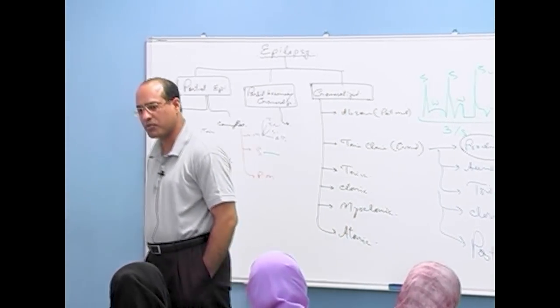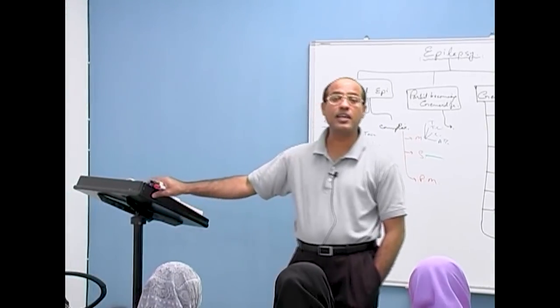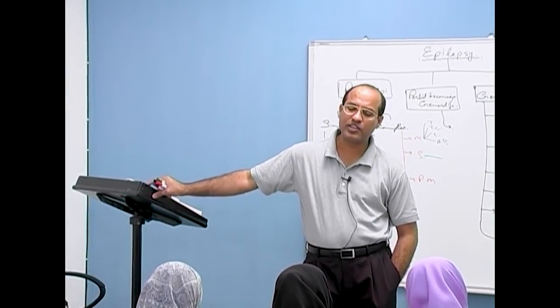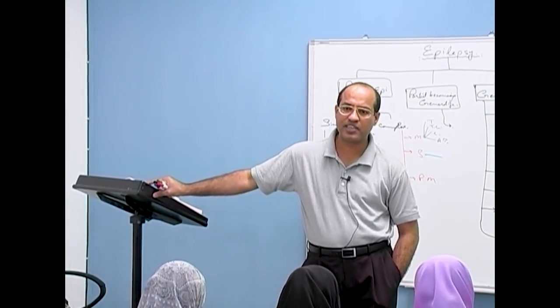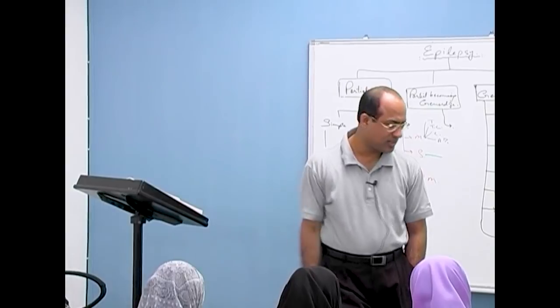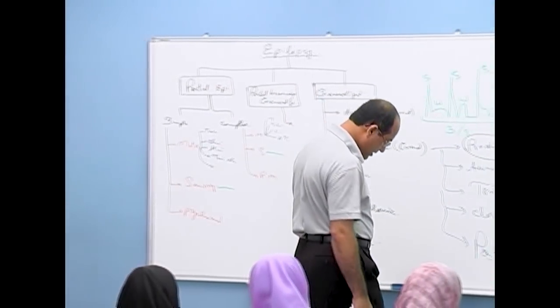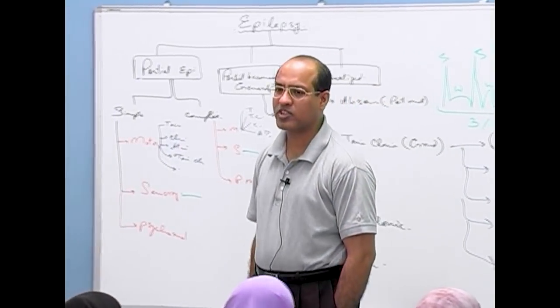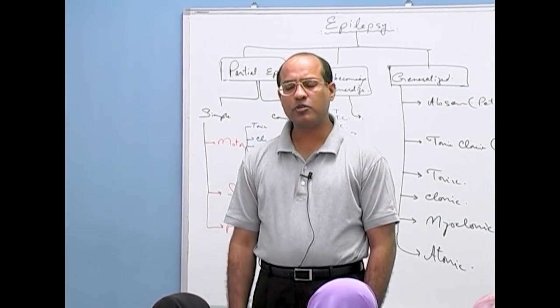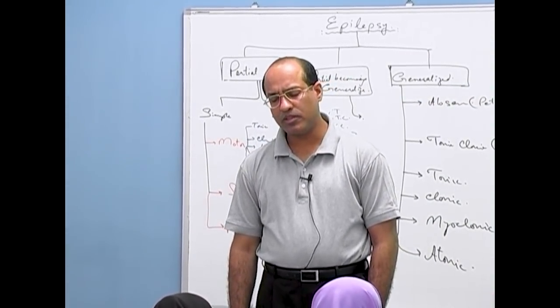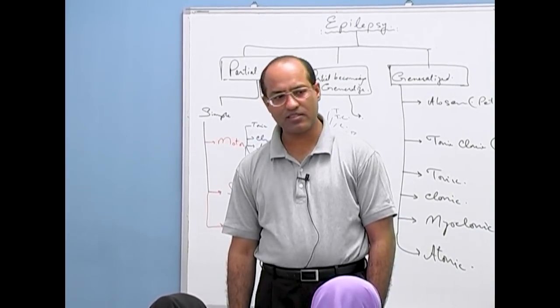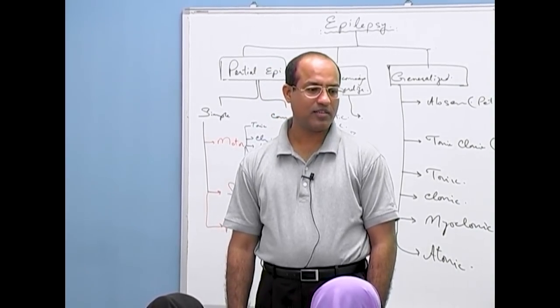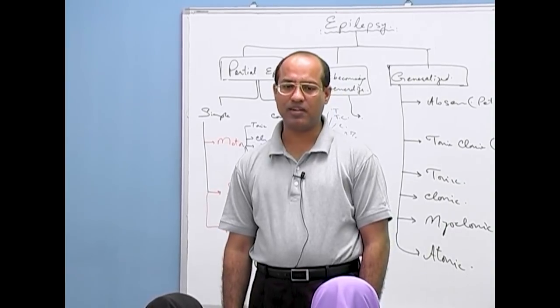What is the other feature of the clonic phase? Urinary or fecal incontinence, where the urinary sphincters or anal sphincters intermittently become tight and loose. So there may be incontinence in the clonic phase. And after that, when the patient goes into the post-ictal phase, the patient becomes drowsy, relaxed, and irritable.